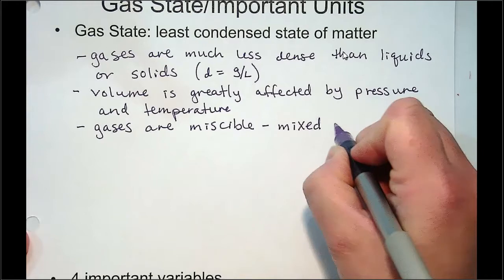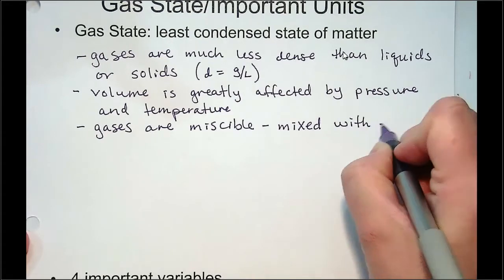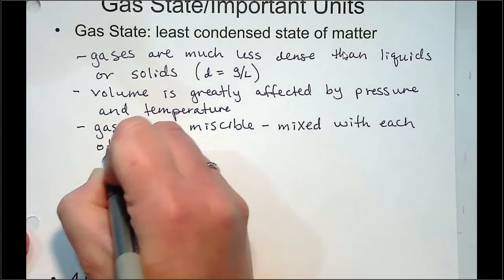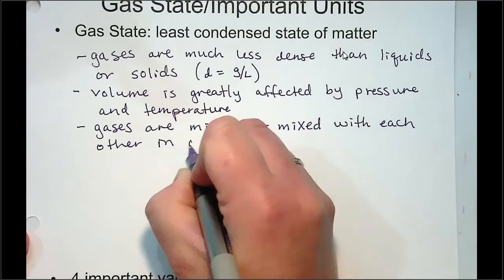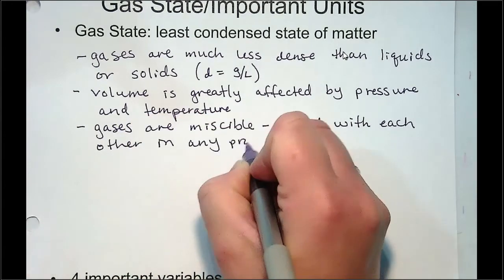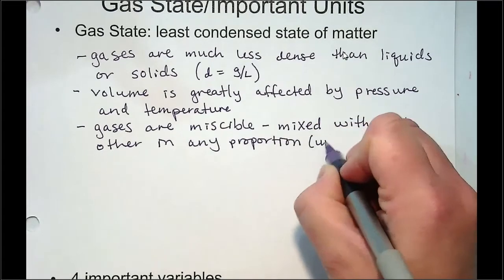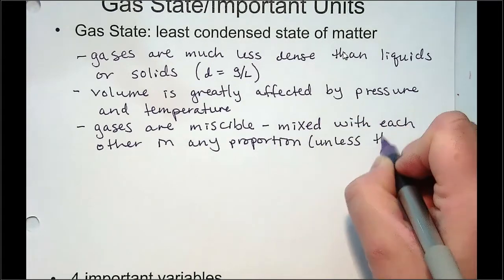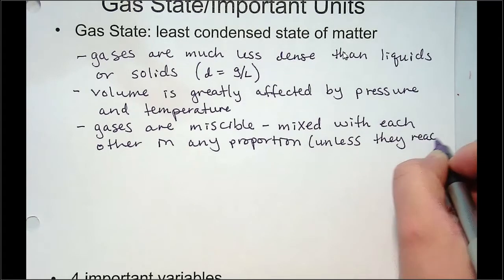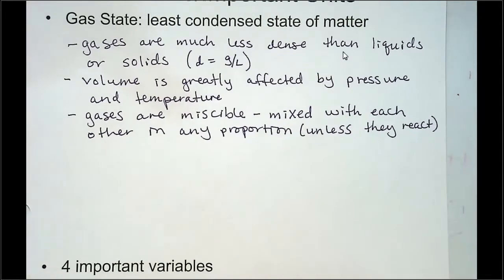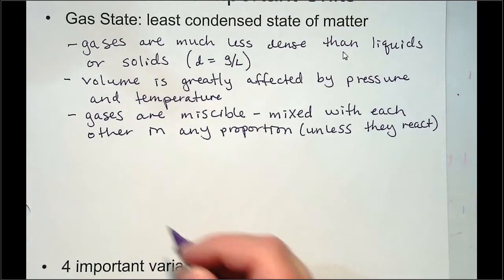So they can be mixed with each other in any proportion. And I should say with the small caveat that that's not true if they react, unless they react with each other. But most of the time, gases are not super reactive, just sitting around, so you can mix them easily.